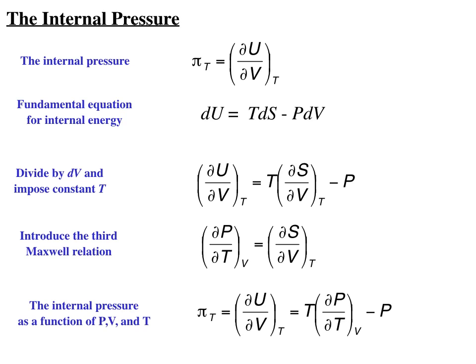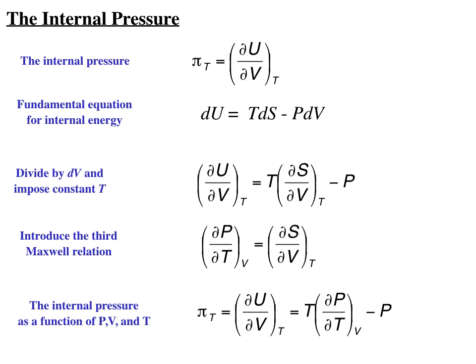Now what I'm going to do is manipulate it to make it look like pi T. To make it look like pi T, I need to take the derivative of U with respect to V and set that at fixed temperature. So that's what I do on the third line. I just literally divide both sides of the second line by dV.